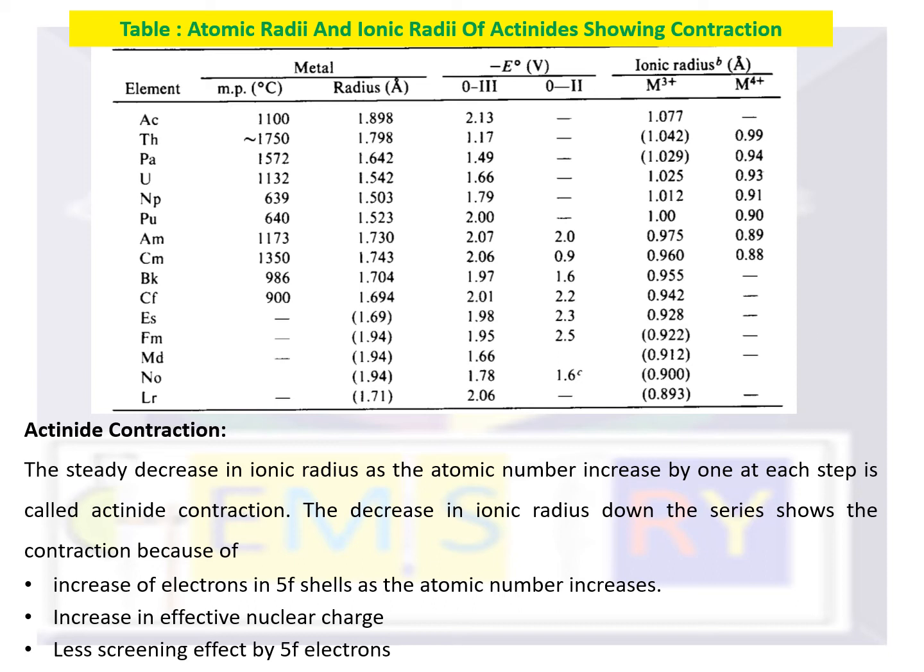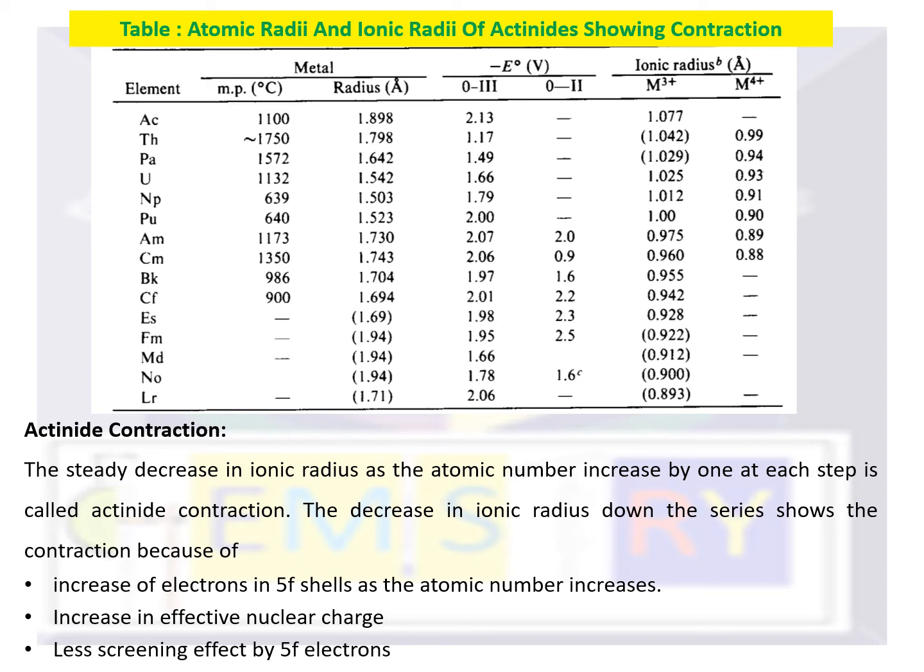So in the +4 oxidation state also, and in the +3 oxidation state also, we can see the decrease in the ionic radius. This steady decrease in ionic radius as the atomic number increases by 1 at each step in the actinide series is called the actinide contraction. This contraction is the same as that of the lanthanide series. There we have seen it as lanthanide contraction and here we see actinide contraction.